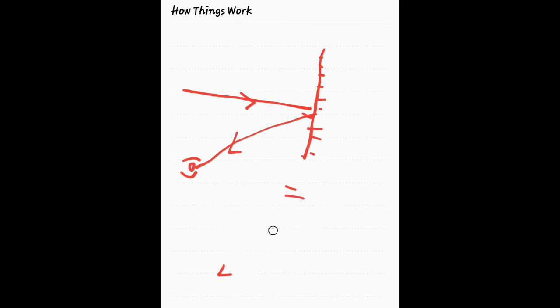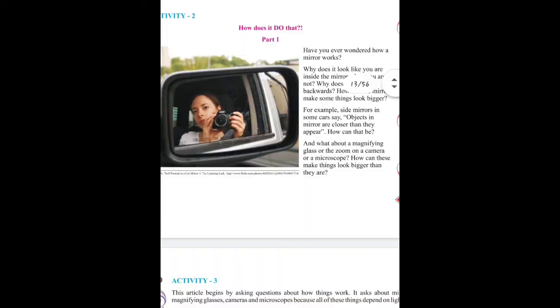Now we can see that we are able to see anything when the light hits it and comes back to our eyes. Otherwise we will not see it. If the light is absent, we will not be able to see anything. So we should know what a magnifying glass or the zoom on a camera or a microscope does.